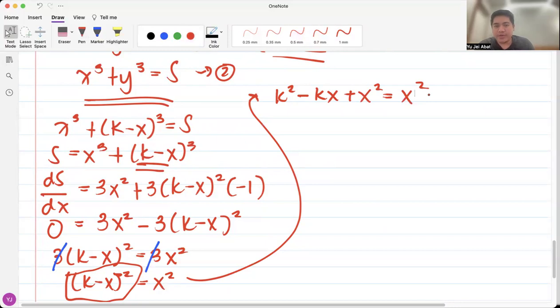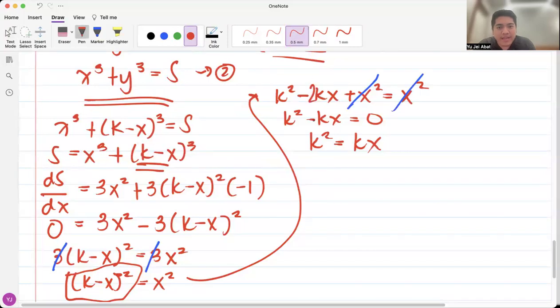As you can see, the x squared will cancel, so I am left with k squared minus 2kx equals 0.